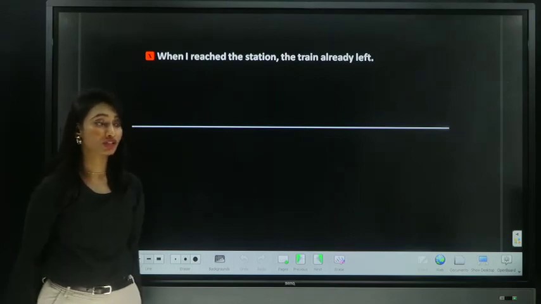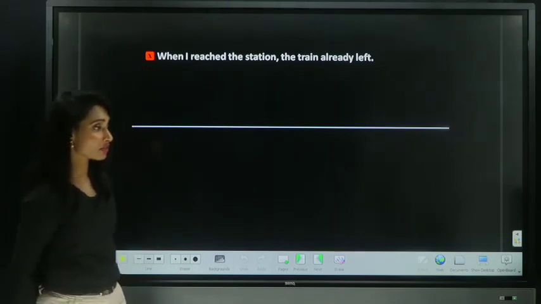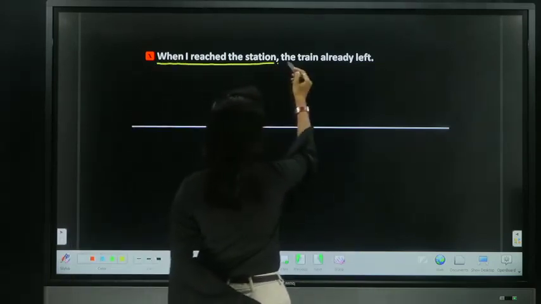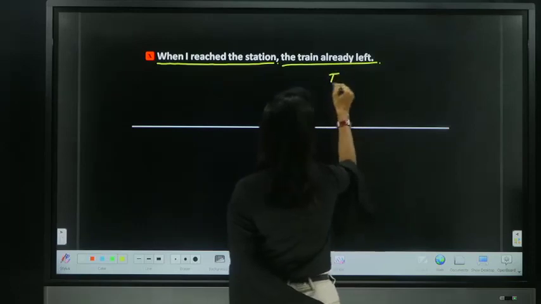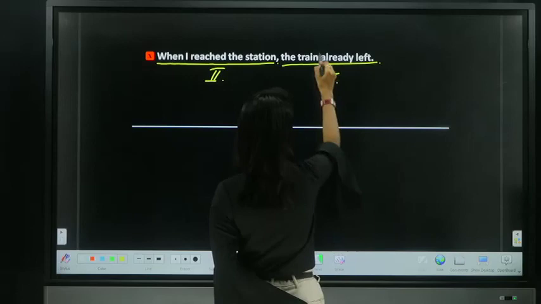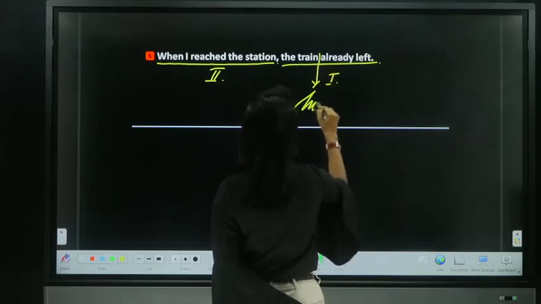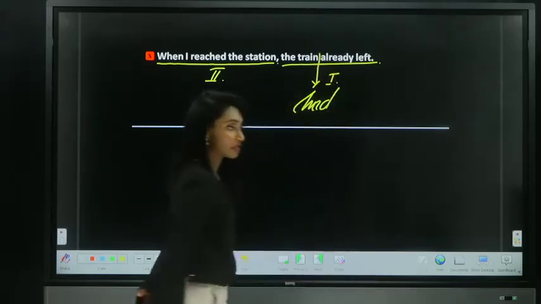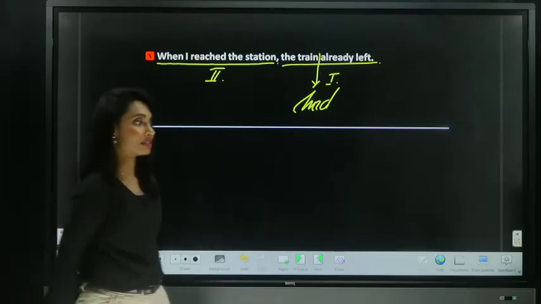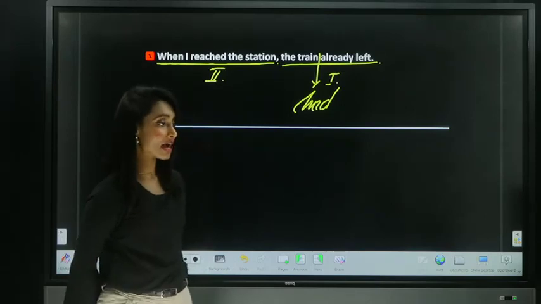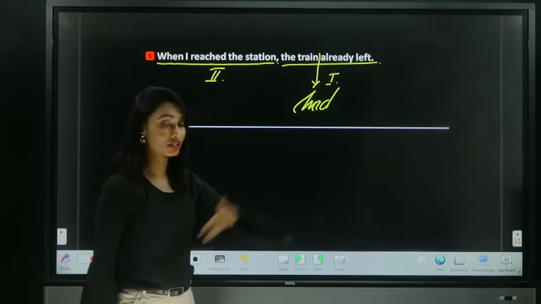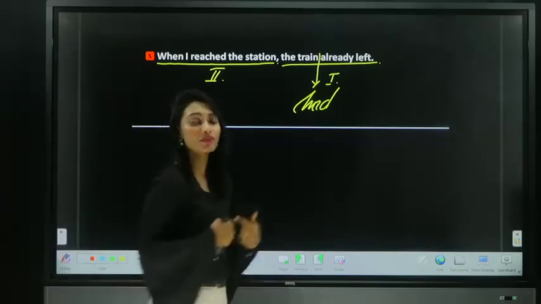So which is the first action, which is the second action? Yes, Angela, you're right. So train leaving is the first action, your reaching is the second action. So the first action should be in past perfect. So the train had already left is the correct one. Yes, Sunny, you're right. Had already left. No, Angela, not had reached. Reaching is the second action. The train had already left when I reached the station.